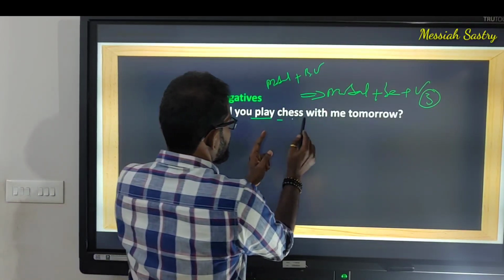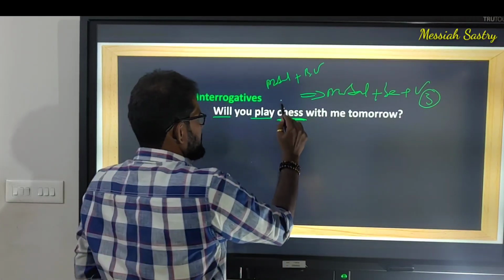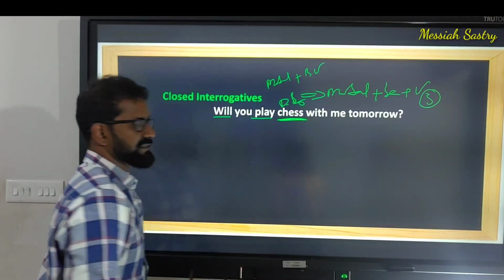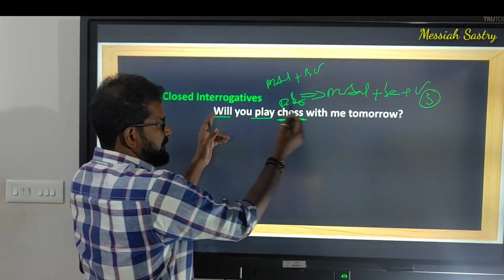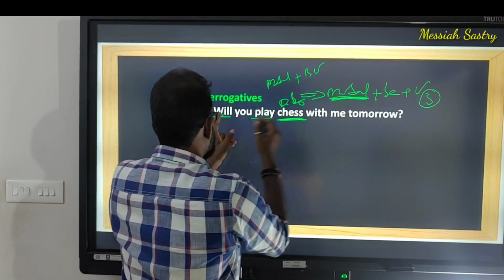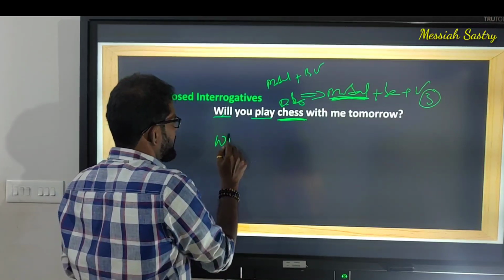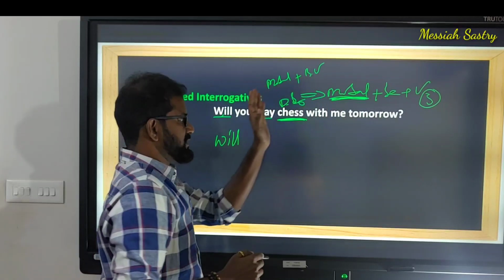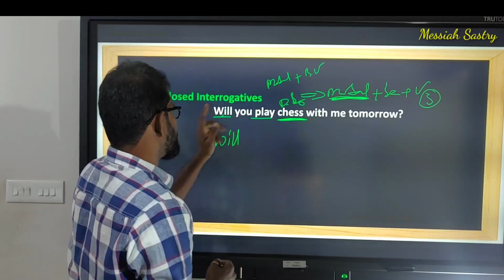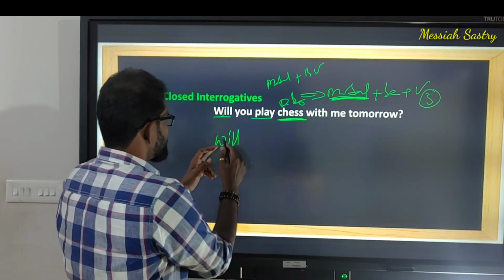What will you play? Chess. So chess is a direct object. So we use the same helping verb, same modal. What is the modal here? Will. So don't change will into would in active passive voice. We change will into would only in direct indirect speech, not in active passive voice.